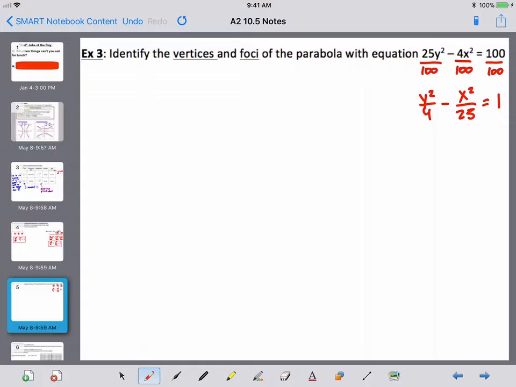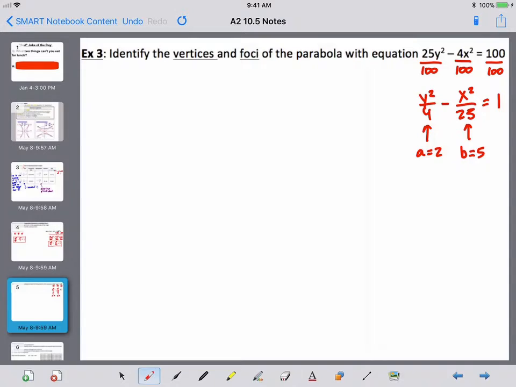So remember, big thing here, a is always first. So in this case, our a is 2, because 2 squared would give us 4. B is always second, so in this case b is 5, because 5 squared would give us 25.